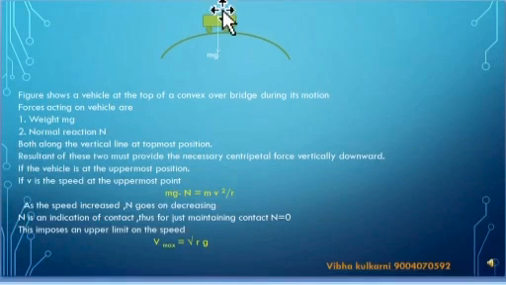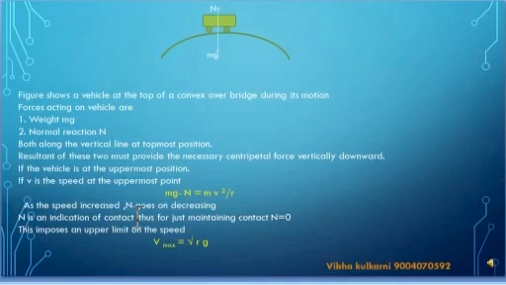So both are along the vertical line at the topmost position. The resultant of these will be provided by the centripetal force, which is vertically downward towards the center. If v is the speed at the uppermost point, then mg minus n is equal to the centripetal force, that is mv square upon r.